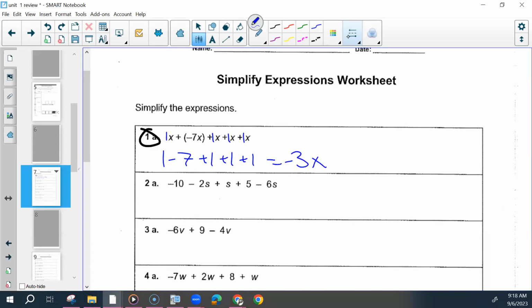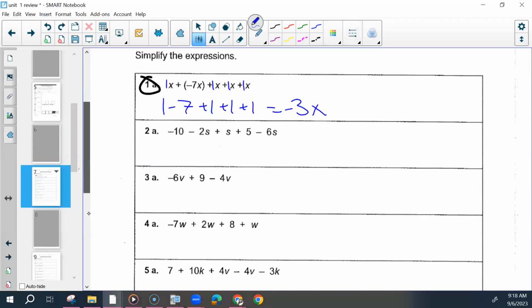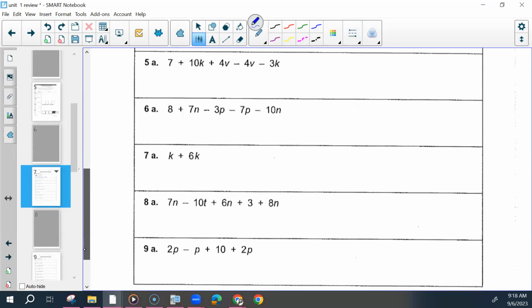Other questions? Right, what are the like terms here? -3n, -7n, 7n and -10n. So this would be ABC order.